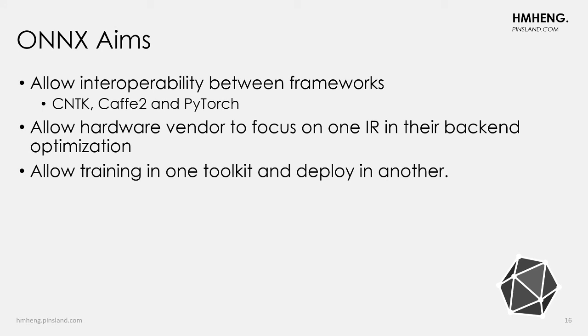So ONNX aims to allow interoperability between frameworks like CNTK, Caffe2, and PyTorch, and allows hardware vendors to focus on one IR in their backend optimizations, and allows developers or data scientists to train in one toolkit and deploy in another one.